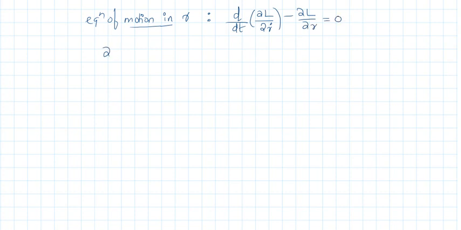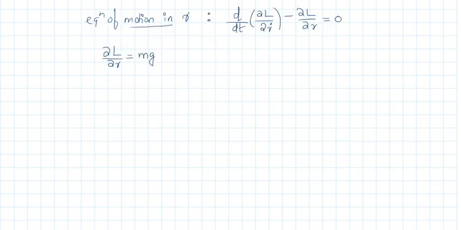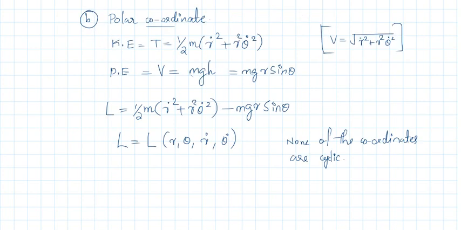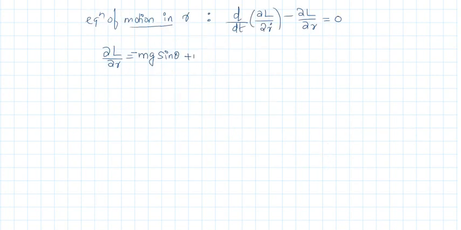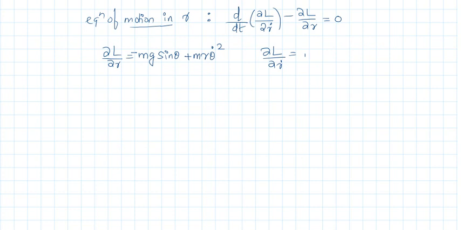But dou L by dou r, the partial derivative with respect to r, will give you minus mg sin theta. But I think there is one more term. This is m r theta dot square. What is dou L by dou r dot? It is the partial derivative with respect to r dot, which is m r dot.